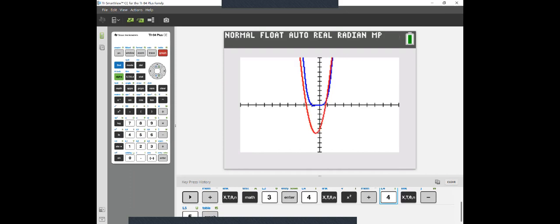I did a zoom normal. Okay. And it looks like we have just one point of intersection. And we might have another one up top here, but I'm going to actually zoom out quite a bit.